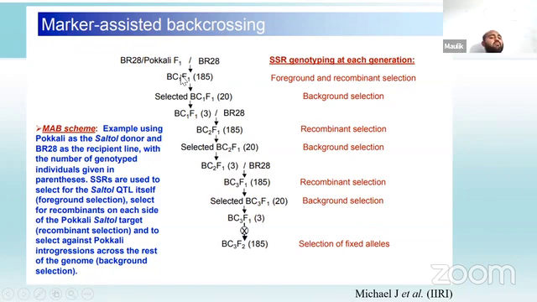Why? Because if we use F1 as the female parent, selection through F1 and segregating material is missed. That's why the female is always the recurrent parent, and F1 and every segregating generation is used as the male parent. Crossing this F1 with the recurrent parent BR28 develops the BC1F1 population.